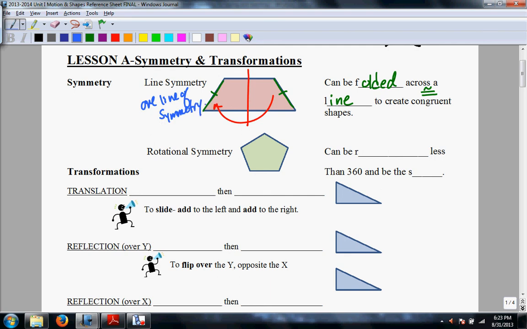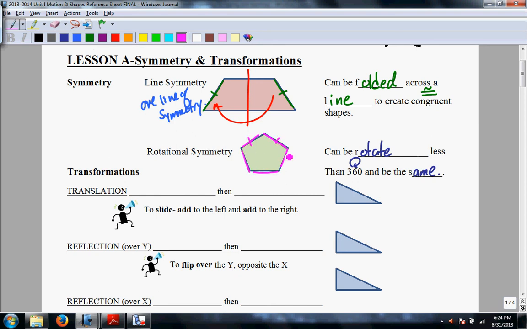Now, rotational symmetry is when you can rotate a shape less than 360, or less than a full circle, and it can still be the same shape. So for example, here we have a regular pentagon, which means all 5 sides are congruent.